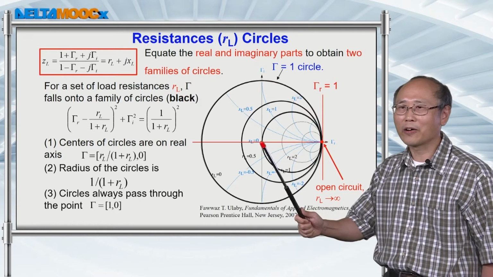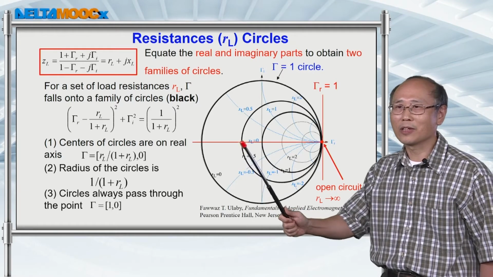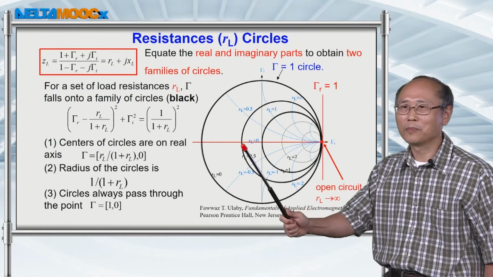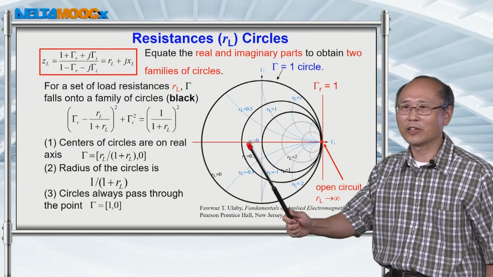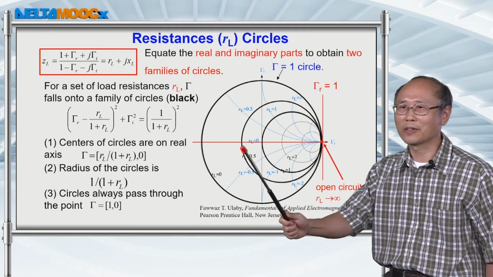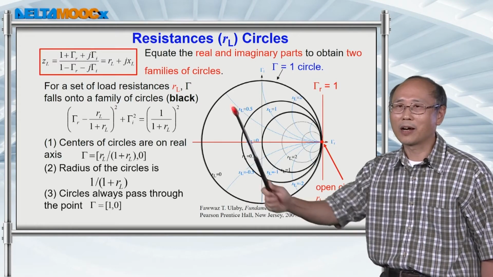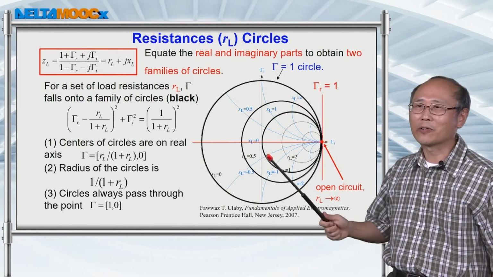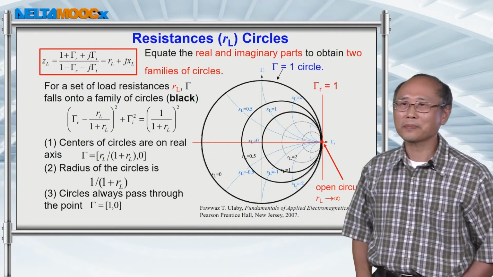And for RL less than 1, the center of the circle is going to move into this range. Okay, so you can see that the RL value basically gives you a family of those bright curves.